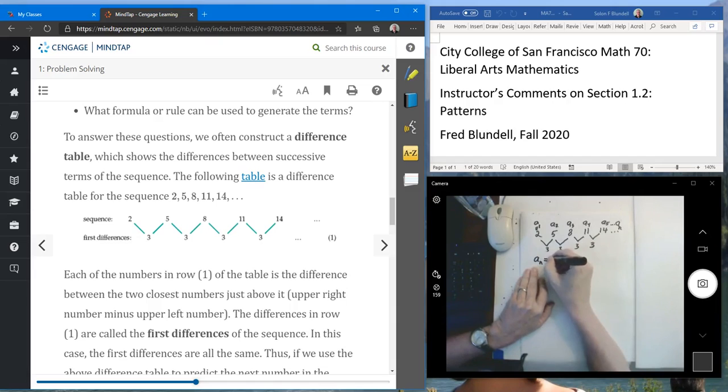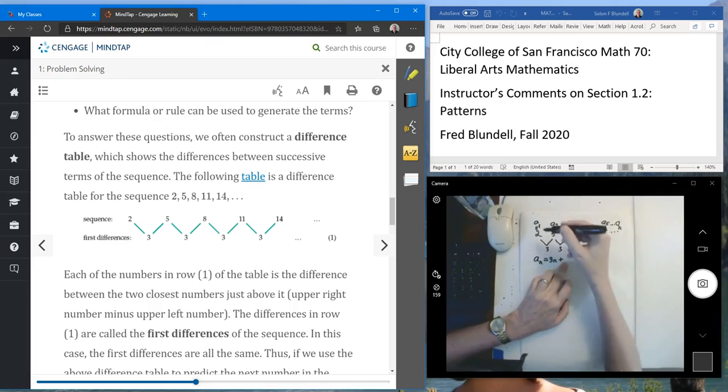So the nth number is just a bunch of 3's plus some starting place. So I'm going to say 3 times n plus something. If n is 1, we're looking at A1, so if n is 1, then we get 3 times 1 plus -1, which is 2.